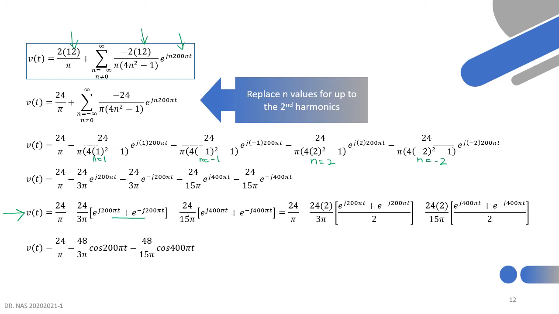So when you divide by 2, you need to multiply on top by 2. Same goes to the second component. Okay, so now you already have the equation in cosine shape. Then you can convert the exponential form into trigonometric form. So this is the final answer of your equation in trigonometric form.